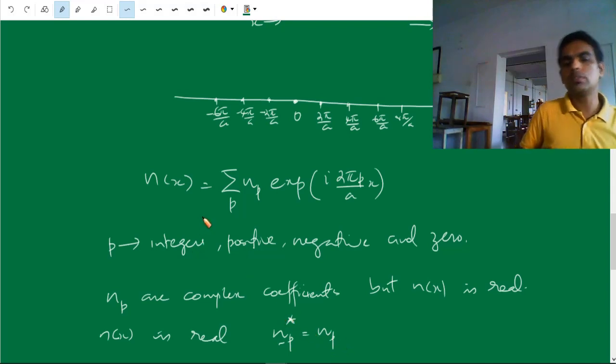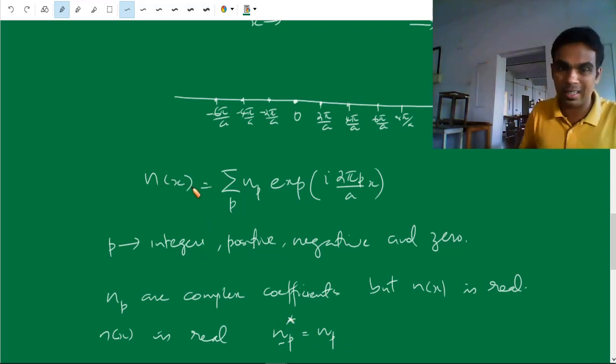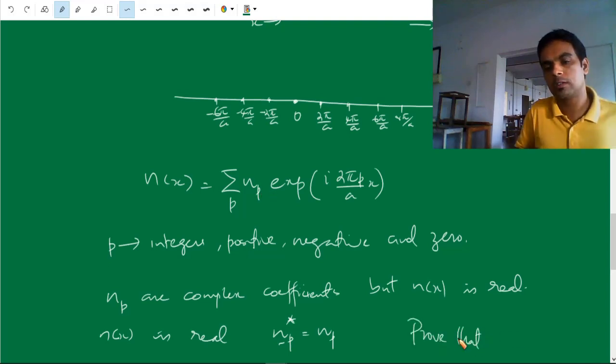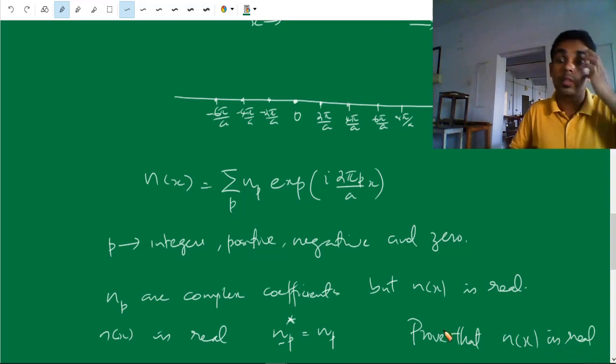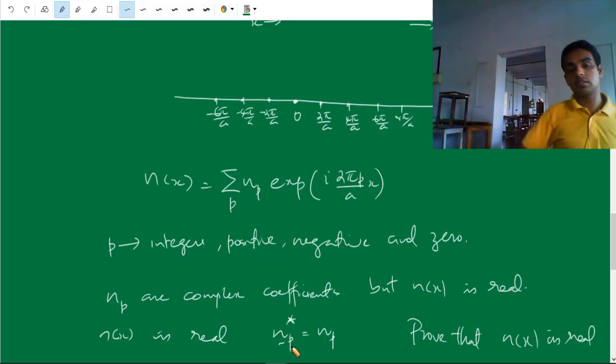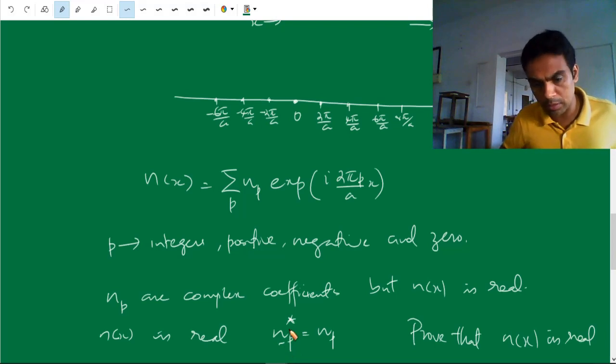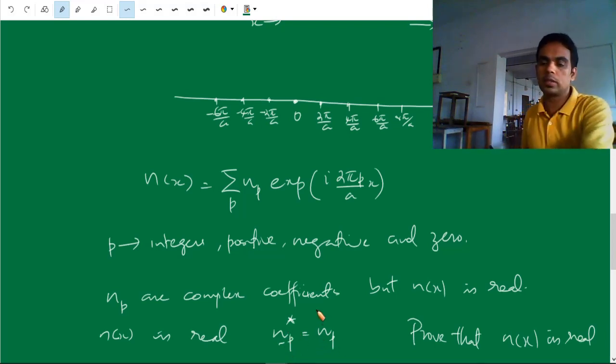Then only will n of x be real, even though n_p are complex. Using this, n minus p complex conjugate equals n_p, you can prove that.